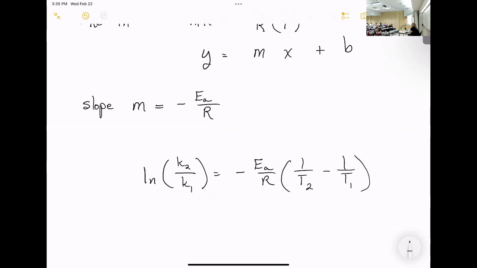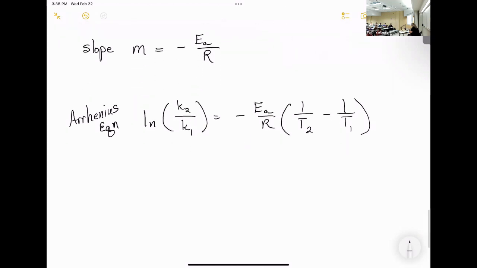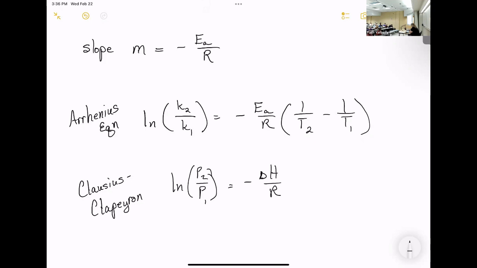Which, folks, should look very similar. This is our Arrhenius equation, which should remind you of the Clausius-Clapeyron equation, which was the natural log of P2 over P1 equal to negative delta H over R times 1 over T2 minus 1 over T1.